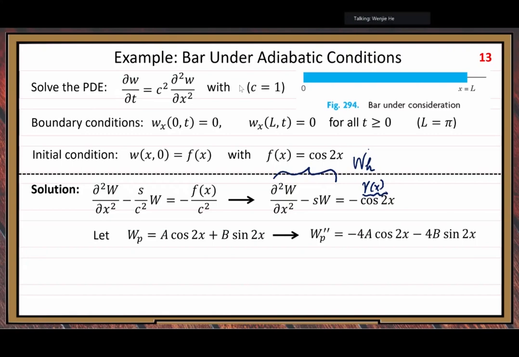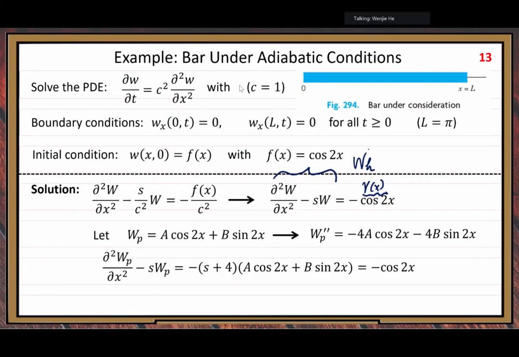Then we plug W_P and its second derivative into the original equation. Now we calculate the left-hand side, and after simplification you get this expression. The right-hand side is simple.